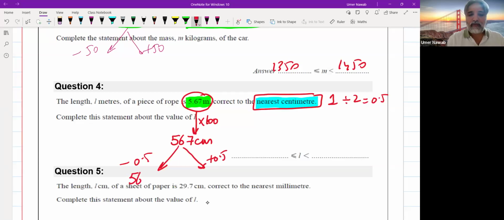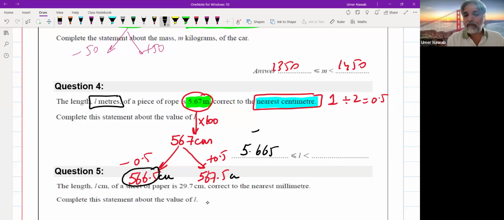This will give us 566.5 and 567.5. But don't write the answers in centimeters, as the examiner wants the answer in meters. So again, you can reverse the process, divide by 100. This will give us 5.665 and 5.675, with the division of 100. These two numbers.